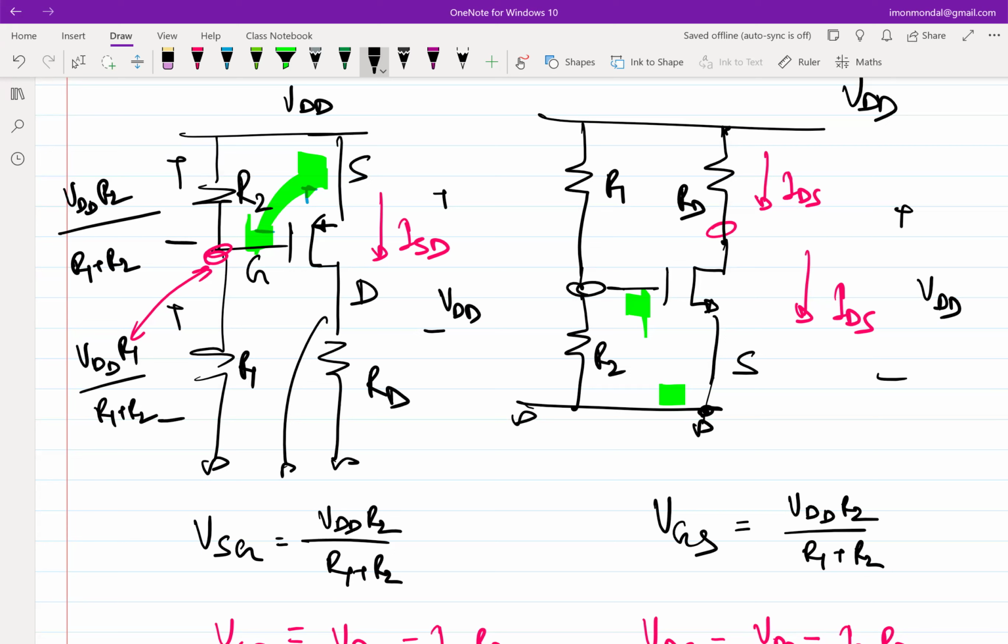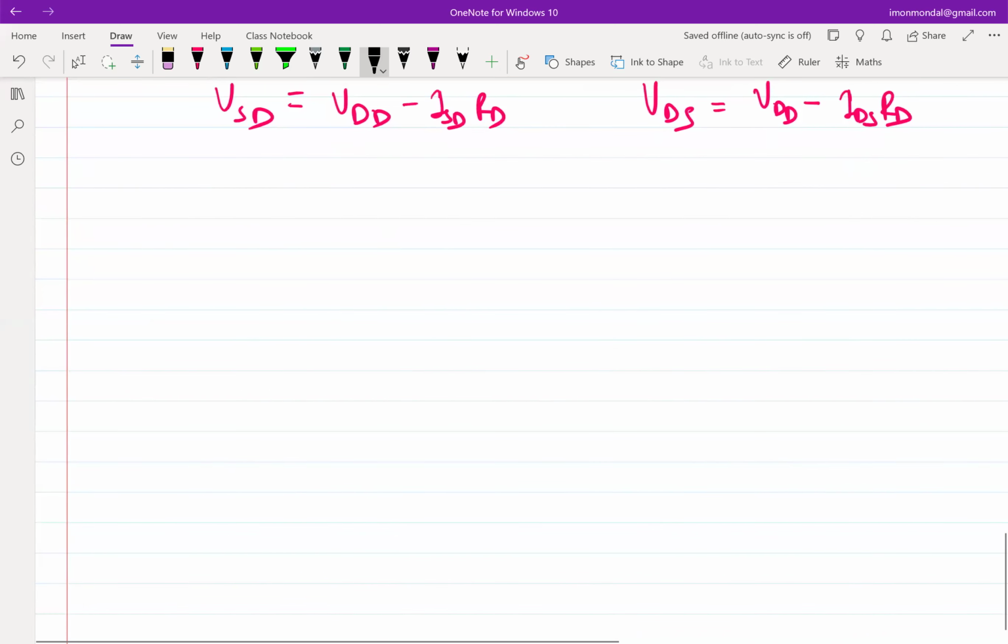Okay, fine, good. So if quiescent-wise these two are the same, the next thing to do is to apply input, take the output, and then do all sorts of things that we have been doing. So let's do that. I'm not sketching the PMOS anymore.